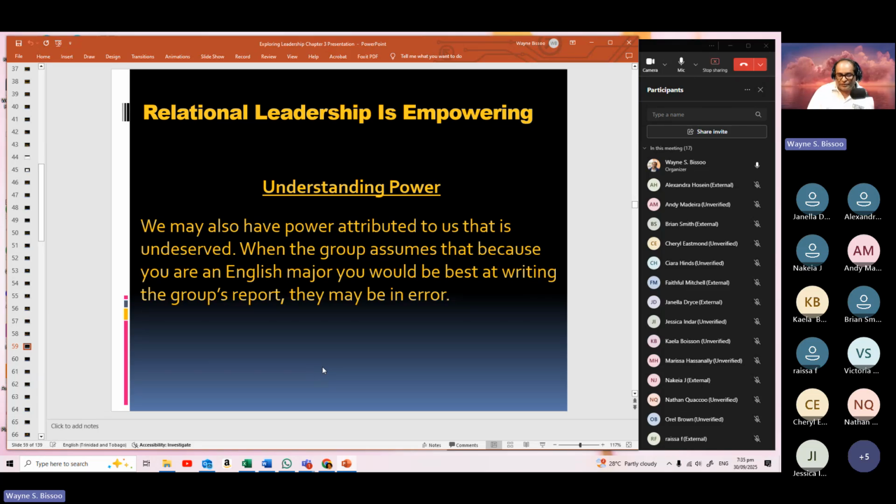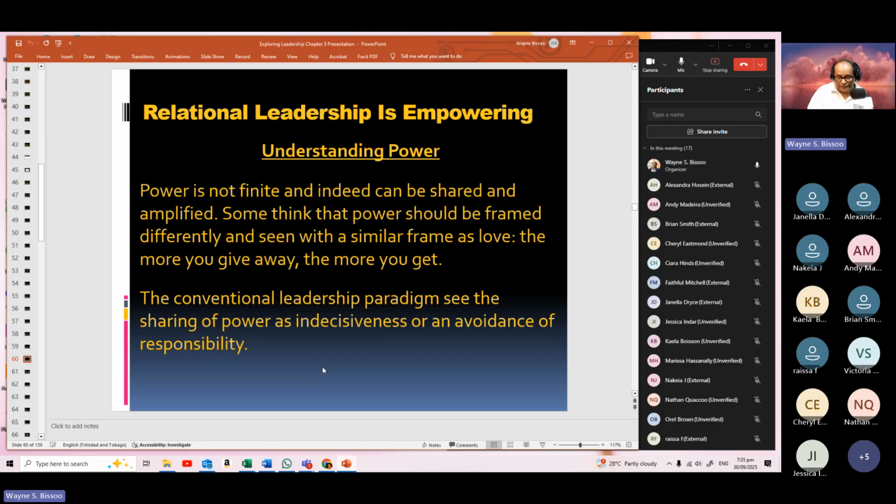Those are things that we have a tendency to do that we need to pay attention to. Power is not finite, and indeed can be shared. Now, this is contrary to traditional thinking that power is finite and you have to hold on to it no matter what. That frame of reference is what causes a lot of problems in organizations with traditional leadership.